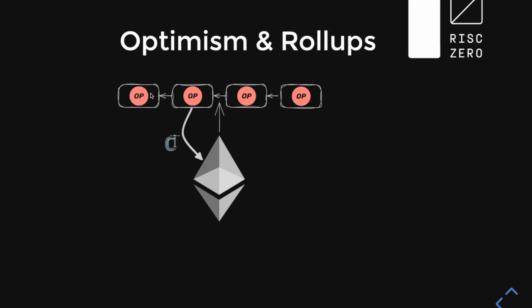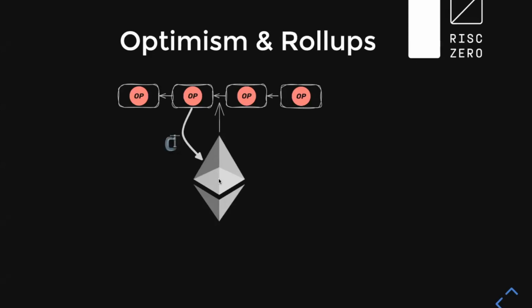So what would be ideal is a side chain that still has the same guarantees as the main chain. And this is exactly what rollups try to accomplish by compressing and then rolling up all the data, everything that is happening on the side chain, onto main Ethereum.